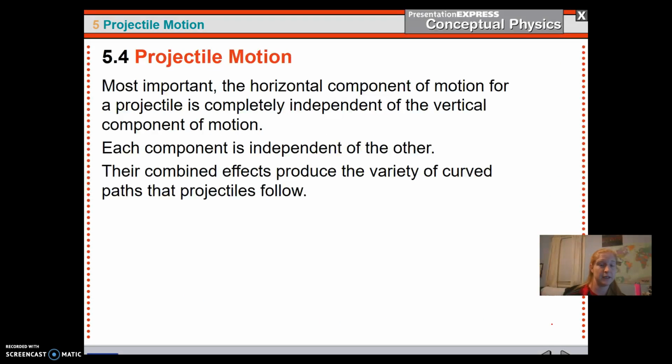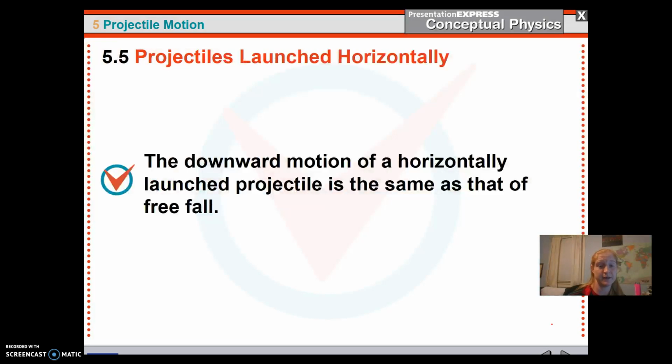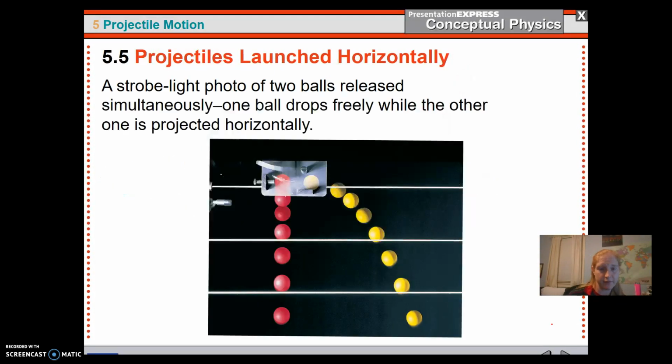Okay? Each component is completely independent of each other. The downward motion is the same as that in free fall. So when you see this, I'm going to test this in class. When you launch a ball and drop a ball at the same time, they will follow the same motion and still hit the ground at the exact same time.